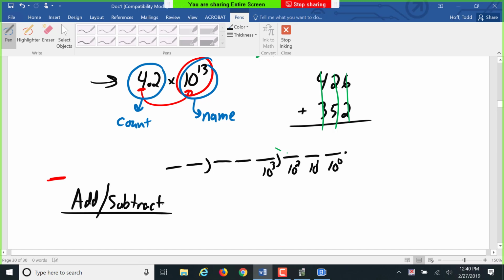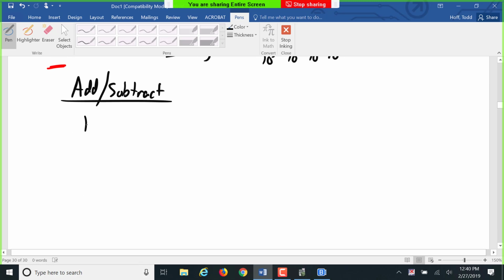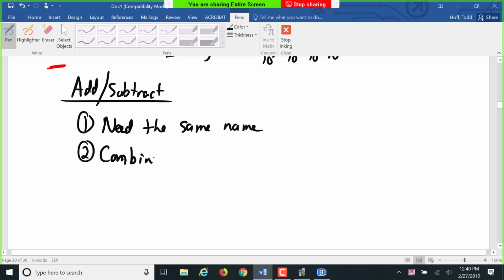So to review, when we add or subtract numbers, first, we need the same name. Now in any operation, we're going to combine the counts. When we add or subtract, what do we do with the names?